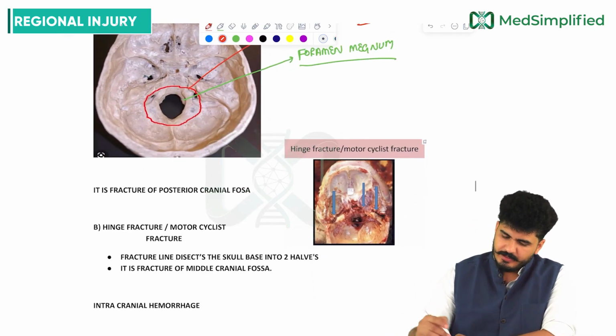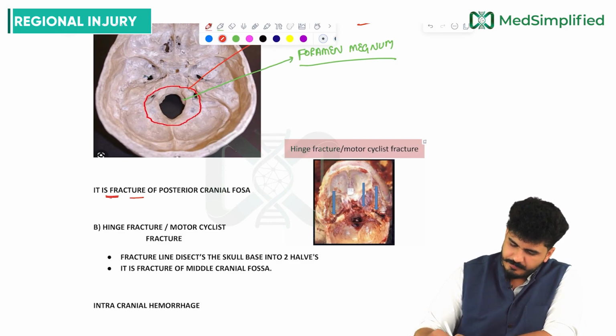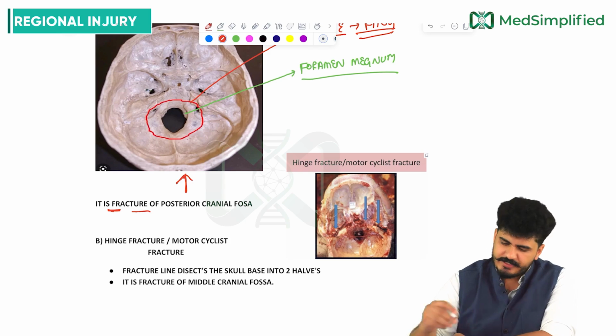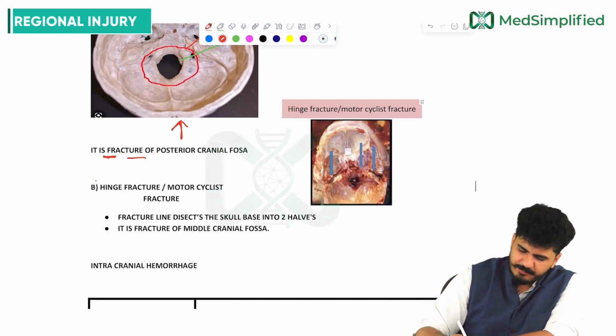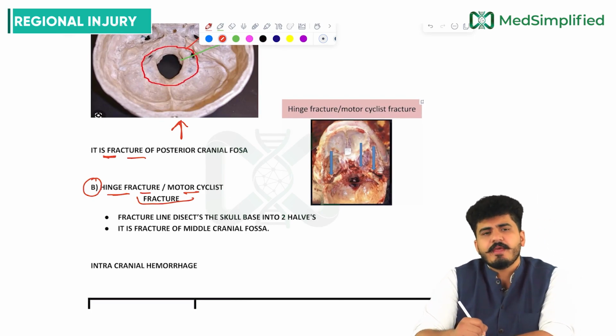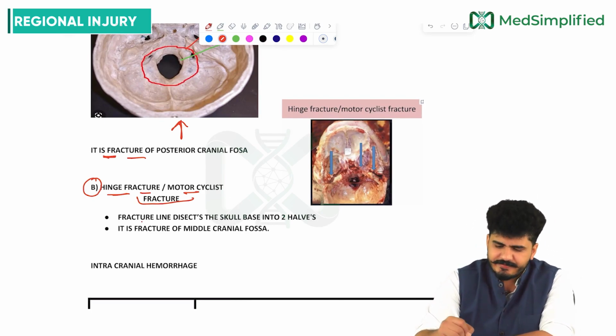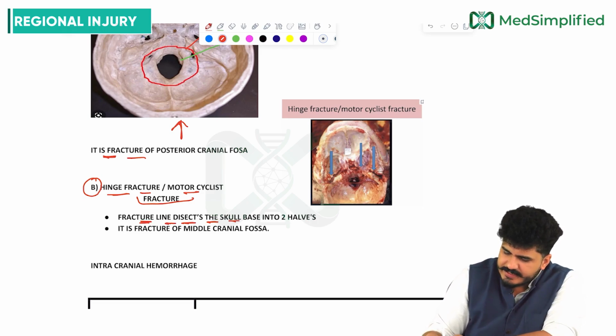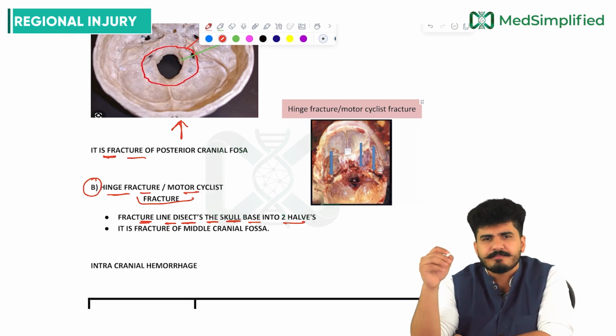This is a fracture of the posterior cranial fossa. Now, type 2 fracture is the hinge fracture or motorcyclist fracture, my dear friends. The fracture line dissects the skull base into two halves.